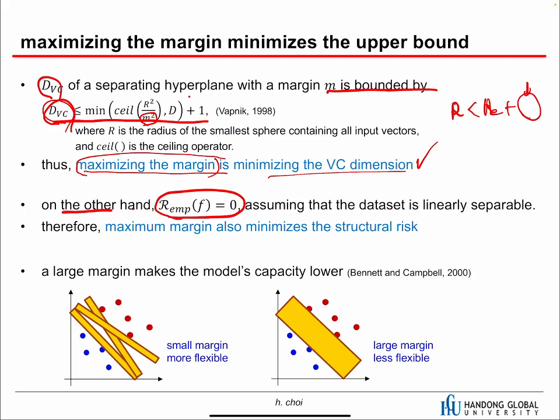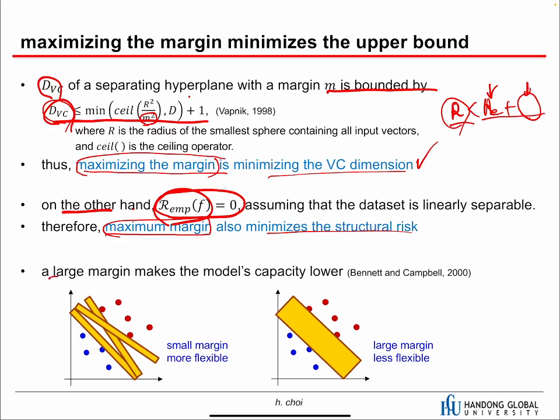If we have the maximum margin, then it separates the data perfectly. That minimizes the empirical risk, and actually it is 0. So maximum margin also minimizes the structural risk. The upper bound is smaller and tighter, so we are actually minimizing the risk, which we can guarantee with some probability.